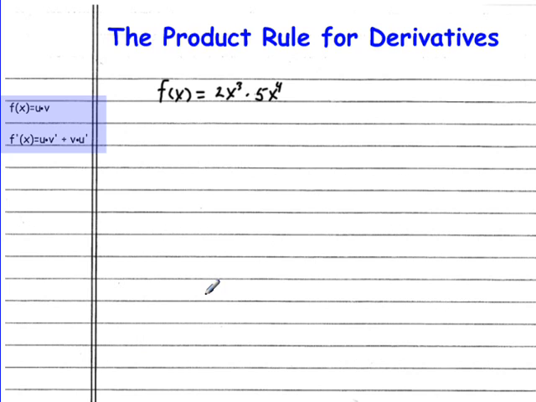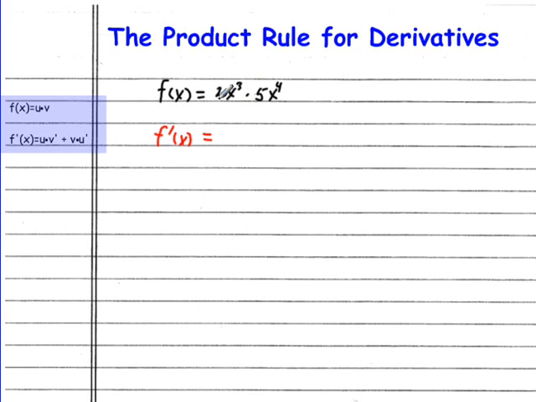What I'd like to do is illustrate that that idea does not work. If we want to find the derivative of a product of functions, and of course normally we wouldn't see something this simple, let's experiment with finding the derivative of this function f by simply looking at the derivative of each expression.